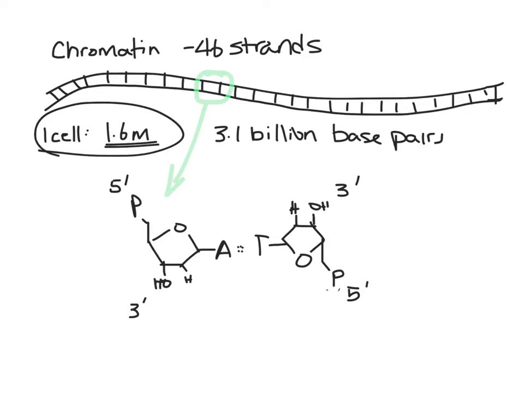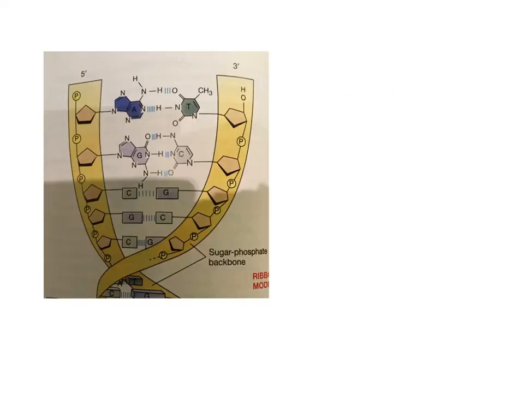And let's take a look at a much nicer diagram, and there it is right there. We're just going to zoom into this. What's key up here is there's a 3' end, and there's a 5' end. And you might be asking yourself, what do you mean by a 3' and a 5'? Well, it's talking about the carbons found on the ribose or the deoxyribose sugar.